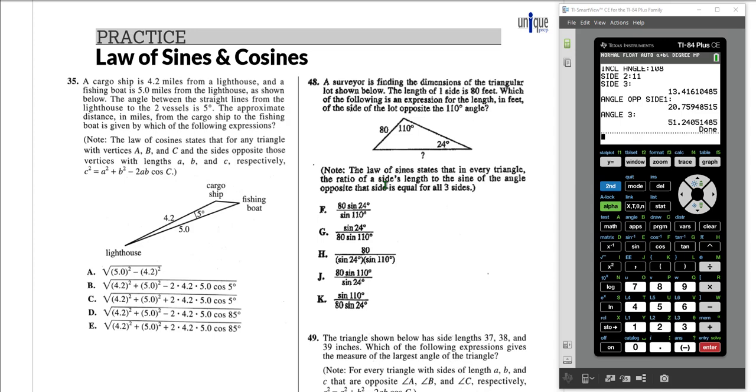That would be great. If not, you can write this work on a separate sheet of paper, but again, it would be beneficial to have this all printed out. I will also suggest that, especially for those of you who are already slightly familiar with law of sines and cosines, or feel good about what you learned in the lesson, you may want to attempt all four of these questions on your own prior to watching me work through them, or at least work through one or two of them, see if you get them, if you understand them, if you feel confident, and then continue to work through them.